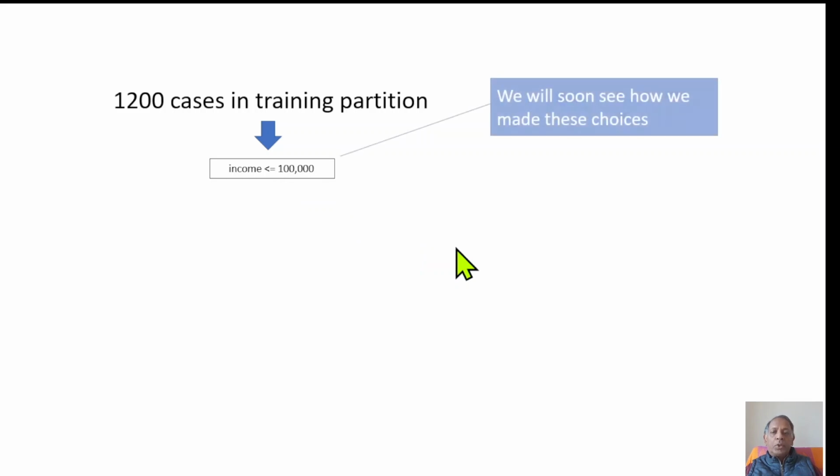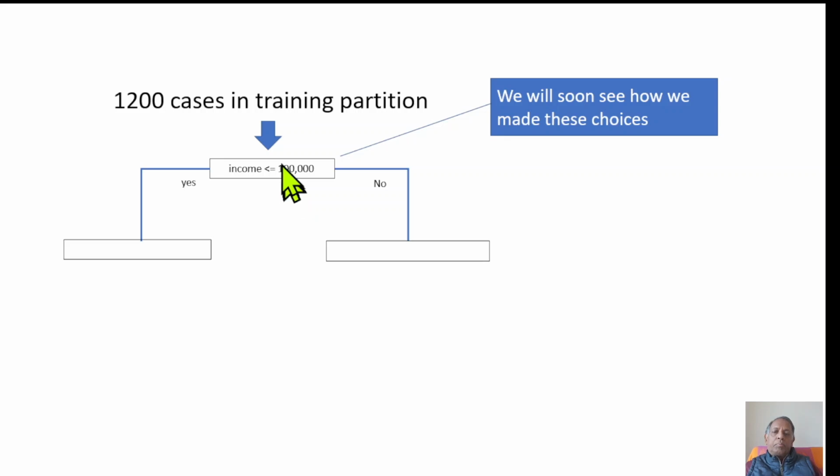So applying a certain process, which we will unpack later, the computer said, I'm going to take the 1200 cases in the training partition and break them into two parts based on this particular condition. Each of the 1200 cases is going to run through this decision and get thrown into either this bucket or that bucket.